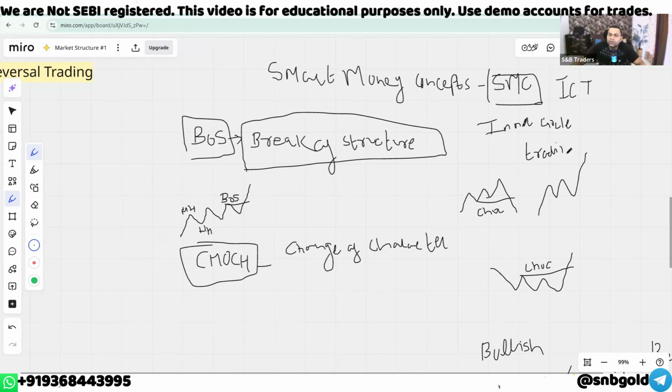These are two very important concepts if you want to make money in trading, because nowadays, what is smart money? Smart money is the institutions or the banks who are the ones controlling the market. And what is dumb money? Dumb money is like retail traders. So we need to work with these smart guys, and that's why it's called smart money concept.